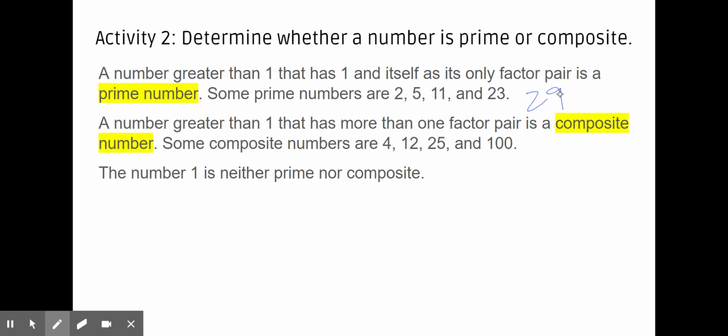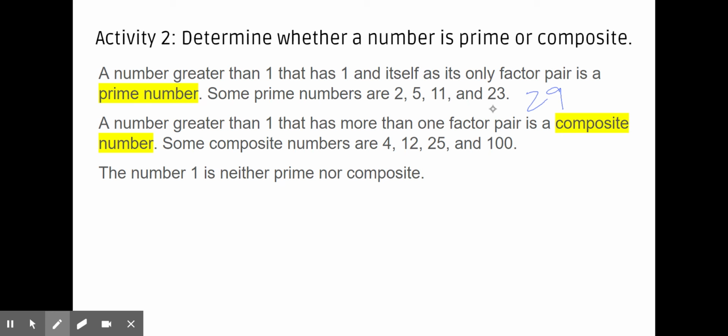And the reason we can add 29 is because in activity 1, we learned that the only factor pair for 29 was 1 times 29. That's what makes it prime. The only factor pair for 2 is 1 times 2. The only factor pair for 5 is 1 times 5. The only factor pair for 11 is 1 times 11.